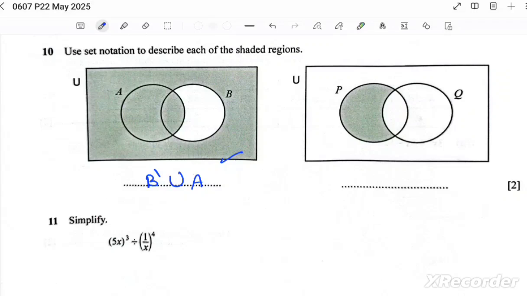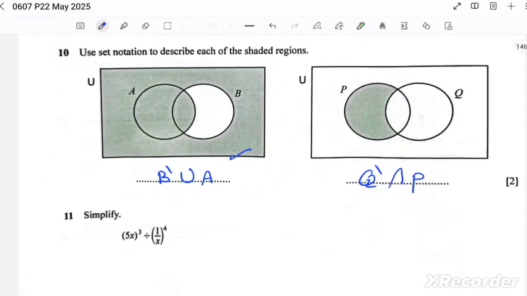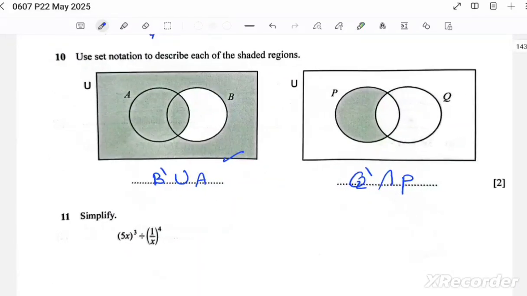Everything out of Q, so we can make Q complement, but intersecting with P. Okay, this is the set notation question.